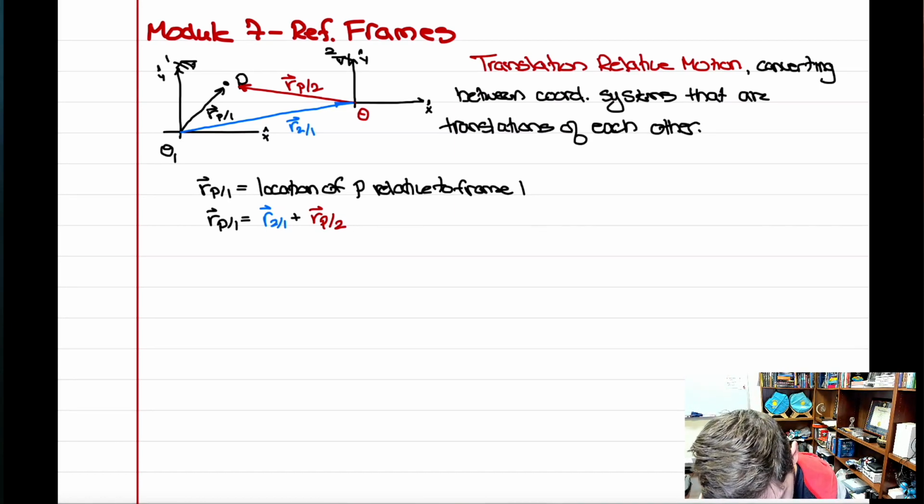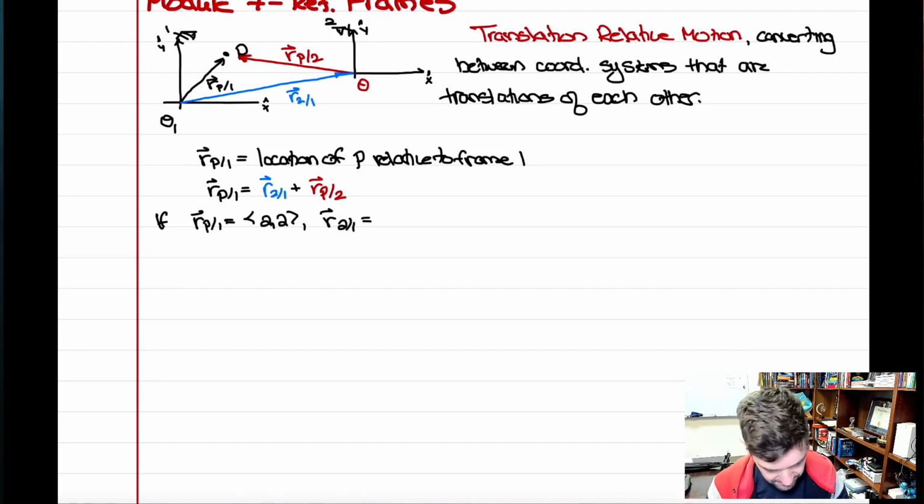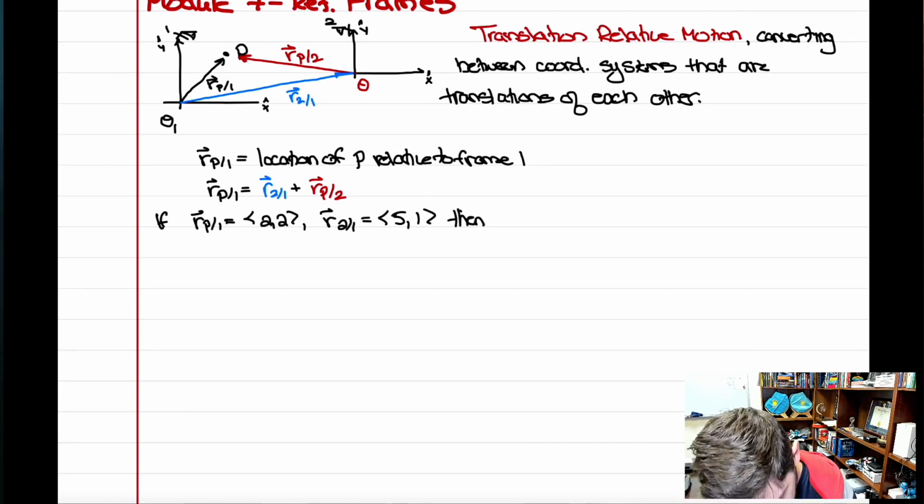So for example, if I'm told r of p relative to 1 is, say, 2 comma 2, and r of 2 over 1, the second coordinate frame relative to the first, is, let's call it 5 comma 1, then the position of the particle p relative to frame 2 is just going to be, by vector subtraction in this case, the position of p relative to 1 minus this relative displacement.